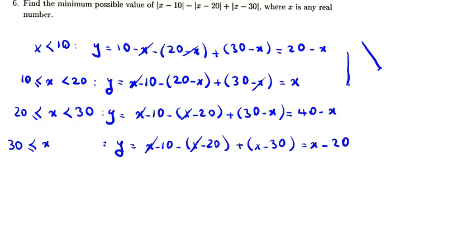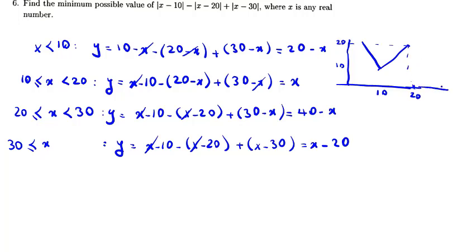Okay, so it is 10, it is 10. After 10, it will be x until 20. So at 20, it will be something like this. And here we will see 20 for 20.